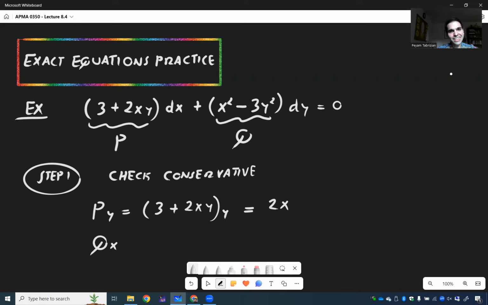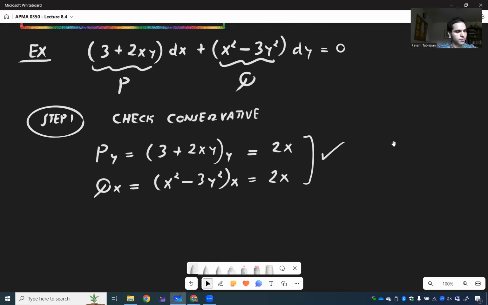And then Q_x is the derivative of x squared minus 3y squared with respect to x. We just differentiate the x squared, and you get 2x as well. So it matches, and this is the green light that tells you you can move on.